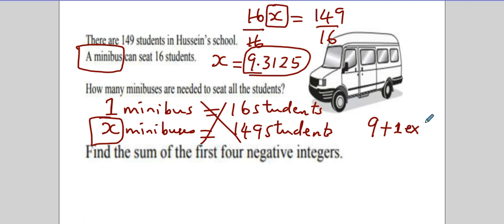So it will be 9 plus 1 extra minibus, because the number of minibuses cannot be a decimal. So total minibuses will be equal to 10 minibuses.